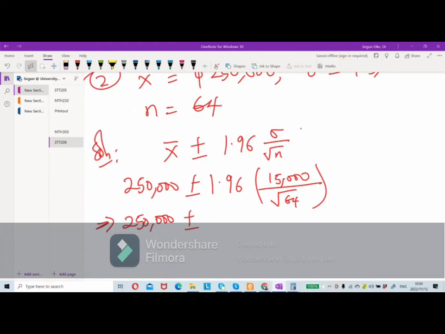Now, where you find the square root, the square root of 64 is what? 8. Okay. That means 15,000 divided by 8, multiplied by 1.96, gives 3675.